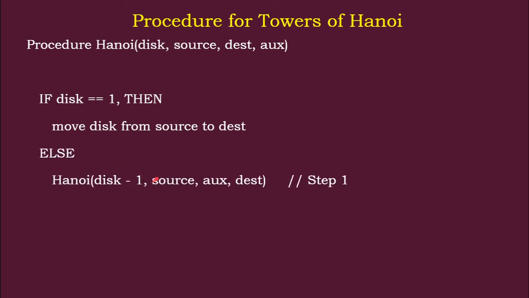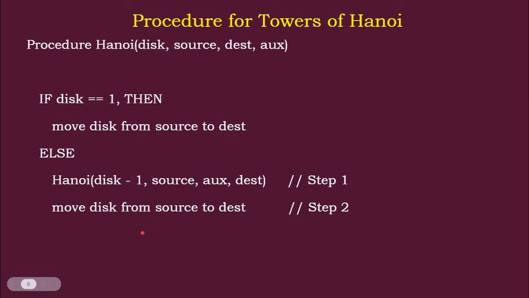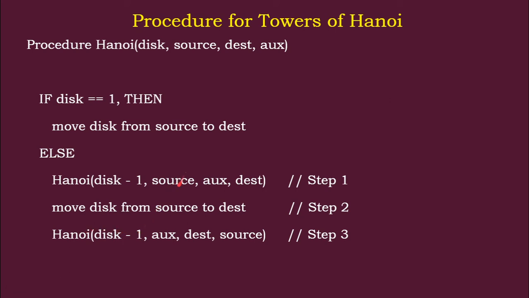Hanoi disk -1 source auxiliary destination. So we have to move the disk from source to the destination. For that we have to call this Hanoi procedure with disk -1 and source, auxiliary and destination. Okay, so step 3 says again you have to recursively call disk -1, and then here we have auxiliary, destination and source.